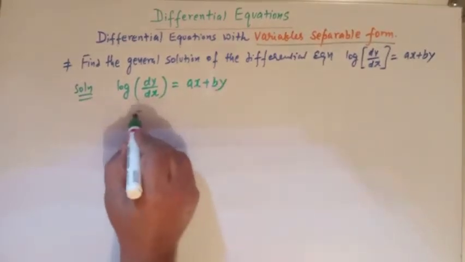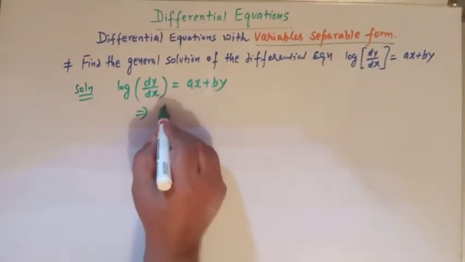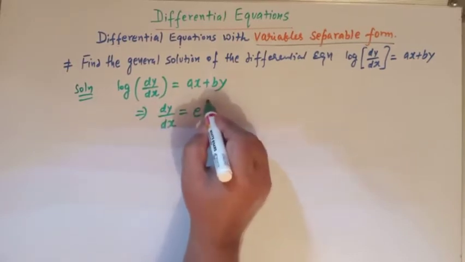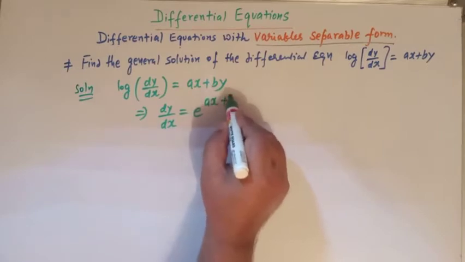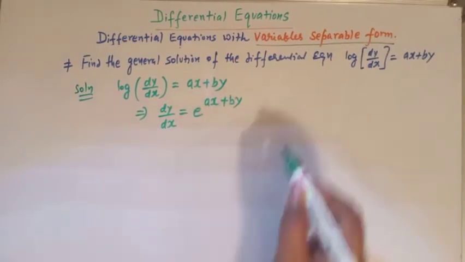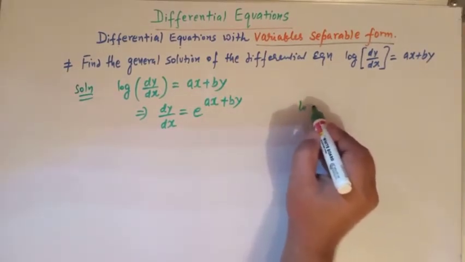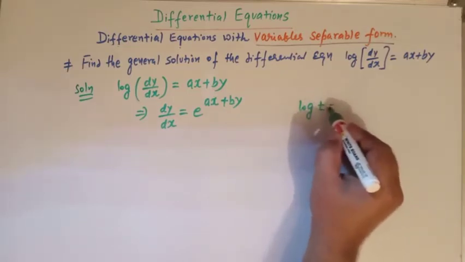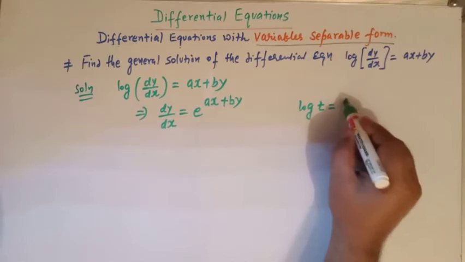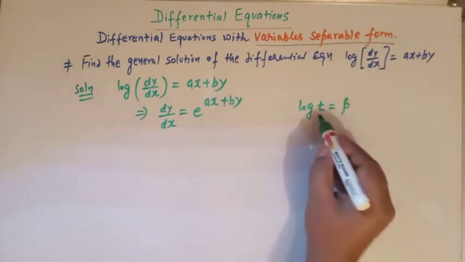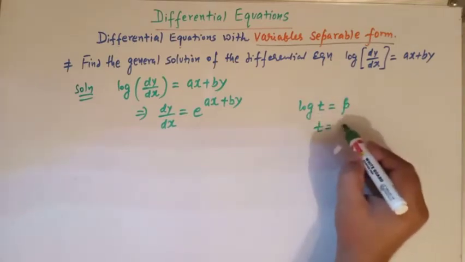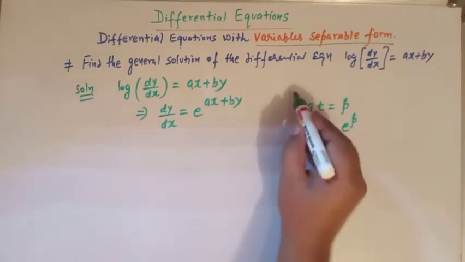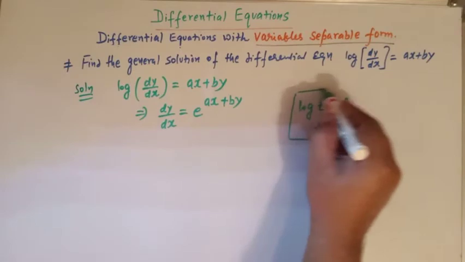Now this equation can be written as dy by dx is equal to e raised to ax plus by. Why? Because if we have log of t is equal to some number p, then t can be written as e raised to p. Clear? So here we have used this result.